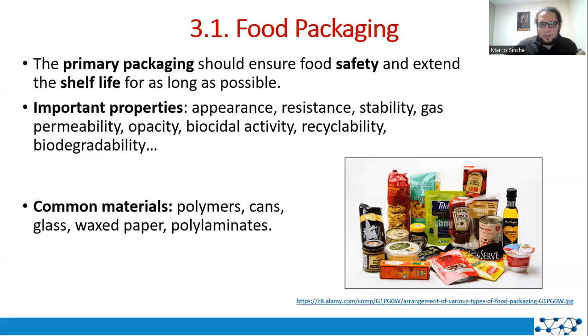In the image, we could see most of the commonly used materials that include polymers such as polyethylene, polypropylene, PET, and others. Cans that are mostly made of aluminum, glass that is a very convenient material since it is inert, waxed paper that has some specific uses, and polylaminates that are seen, for example, in Tetra Paks or dye packs.